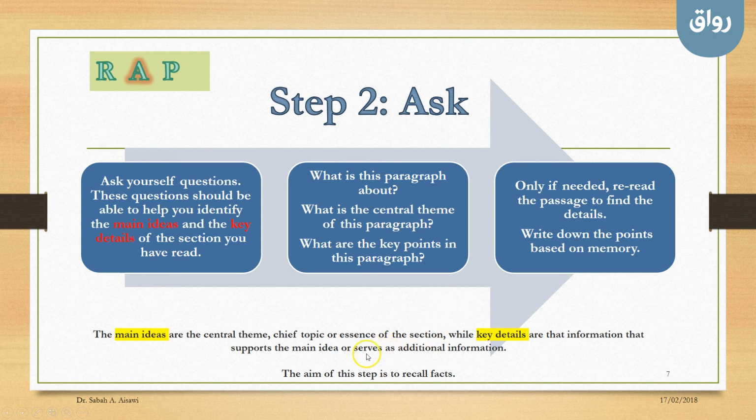The last point I would like to explain on this slide is that the aim of this step is to recall facts. You could have written them, and actually you will be writing them, but it is very important that you try to remember and recall the details.